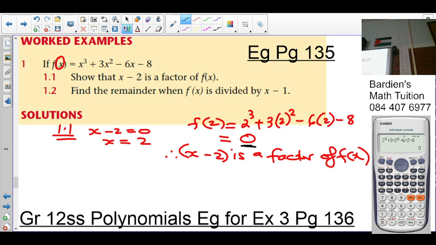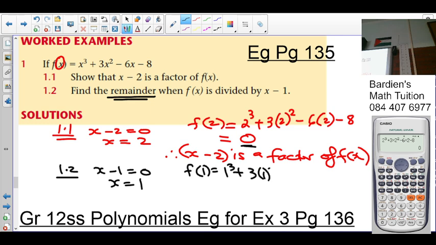In 1.2, the question says, find the remainder. So now I know I'm not going to get 0. It says find the remainder when f of x is divided by x minus 1. So what do I say? x minus 1 is equal to 0, so x is equal to 1. So now we say f of 1 is equal to 1 cubed plus 3 times 1 squared minus 6 times 1 minus 8.